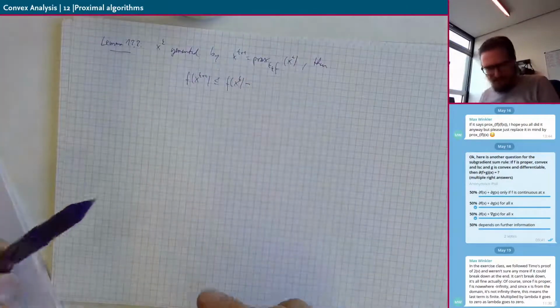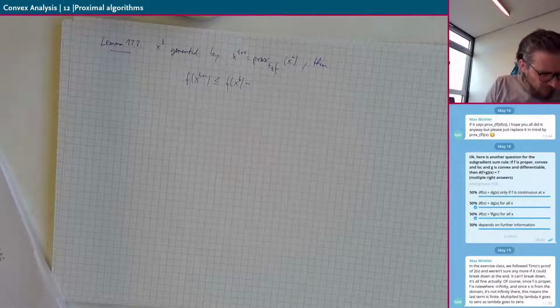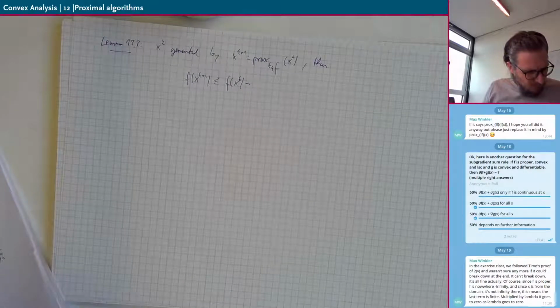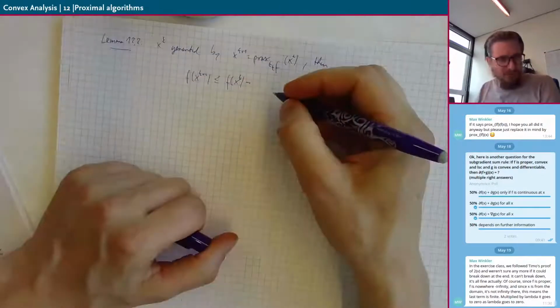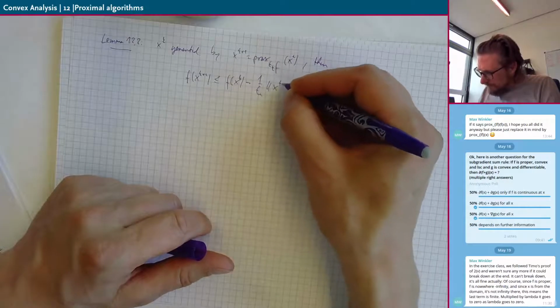Yeah, it should be a minus actually, sorry. Yeah, it should be minus, of course. And then it's minus 1 over tk, and the difference between the two.